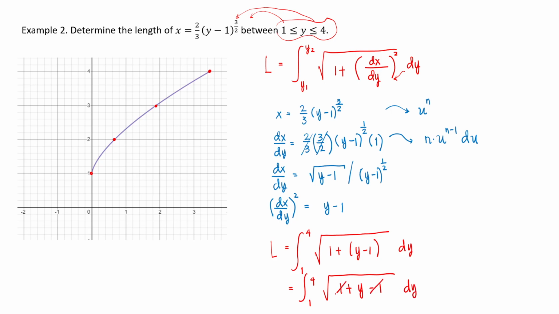Eliminating 1 and negative 1, what is left is just from 1 to 4, the square root of y dy. So again, you may plug this in the calculator. You may also plug the original in the calculator if you are too lazy to simplify the equation. Usually, to be sure, we go directly to the original.